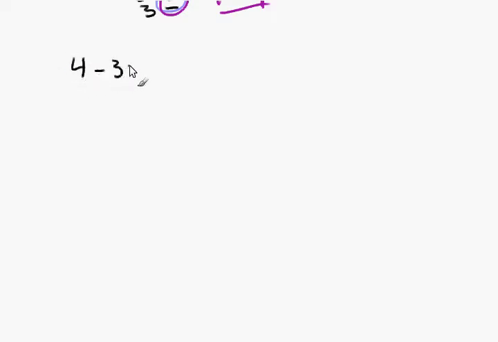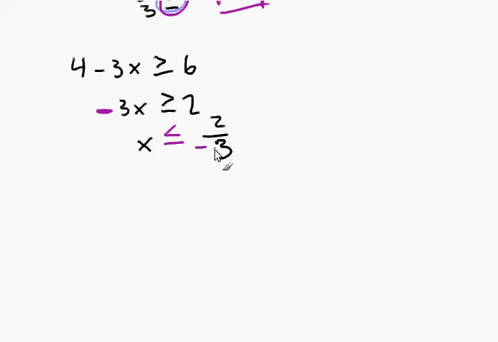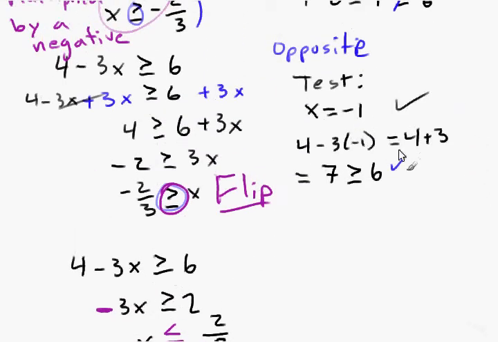4 minus 3x is greater than or equal to 6. Minus 3x is greater than or equal to 2. X is less than or equal to, because of the negative, a negative 2/3. And again, when we test it, we get the correct result.